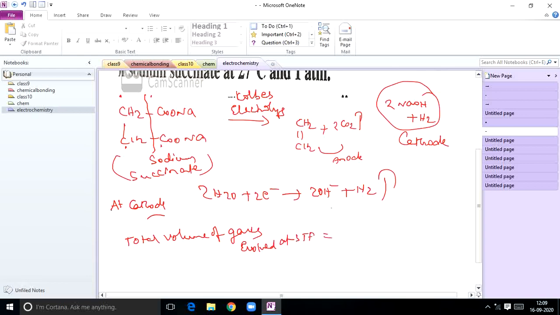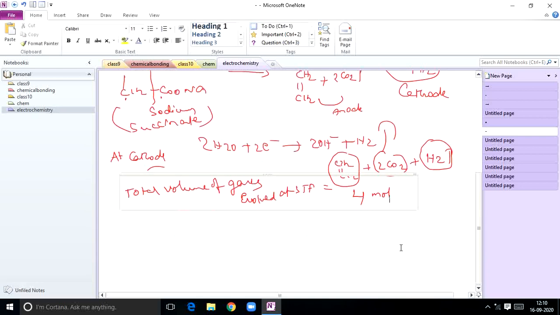Here, what are the different gases? One is CH2=CH2 plus 2 moles of carbon dioxide plus 1 mole of hydrogen gas. So total volume: 1 volume of ethylene, 2 volume of carbon dioxide, 1 volume of hydrogen. So the total volume of gases evolved at STP is 4, 4 volume or 4 mole you can take. Next step.